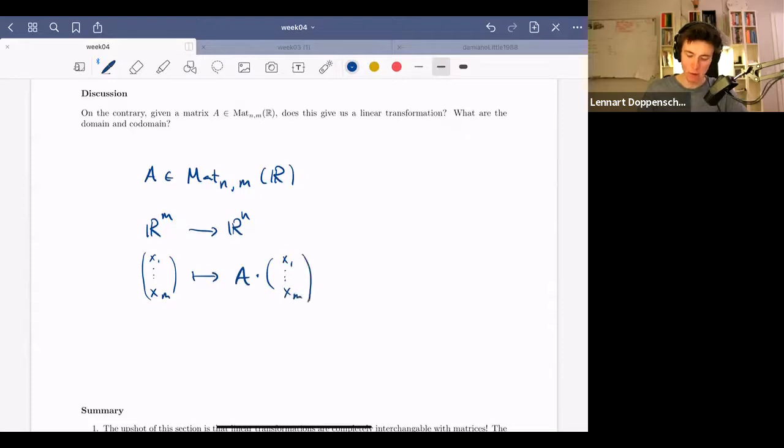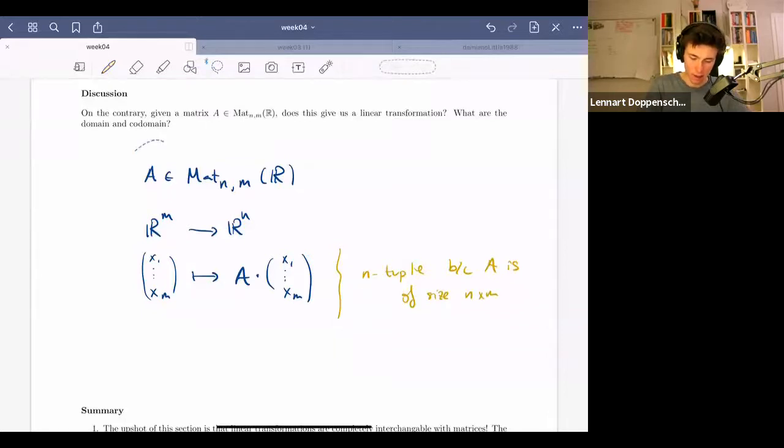And as I explained before, this product A times an m tuple is going to be an n tuple because A is of size n cross m.